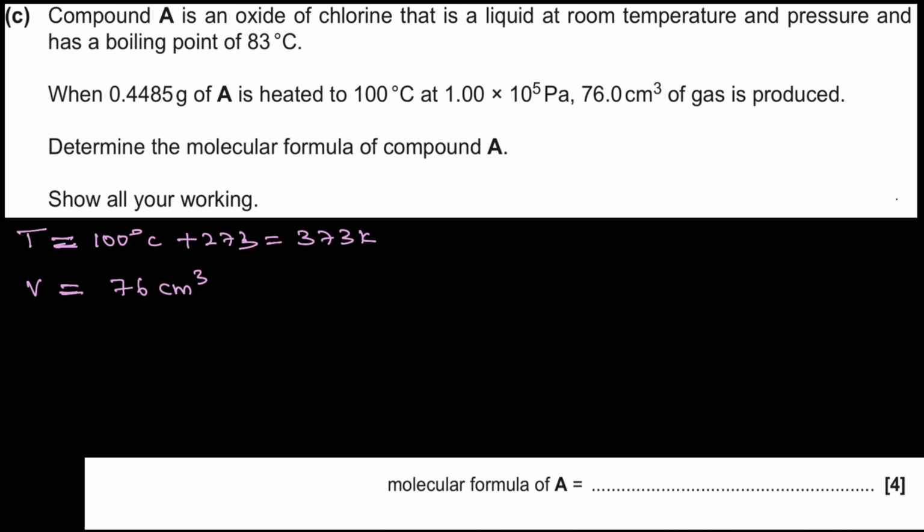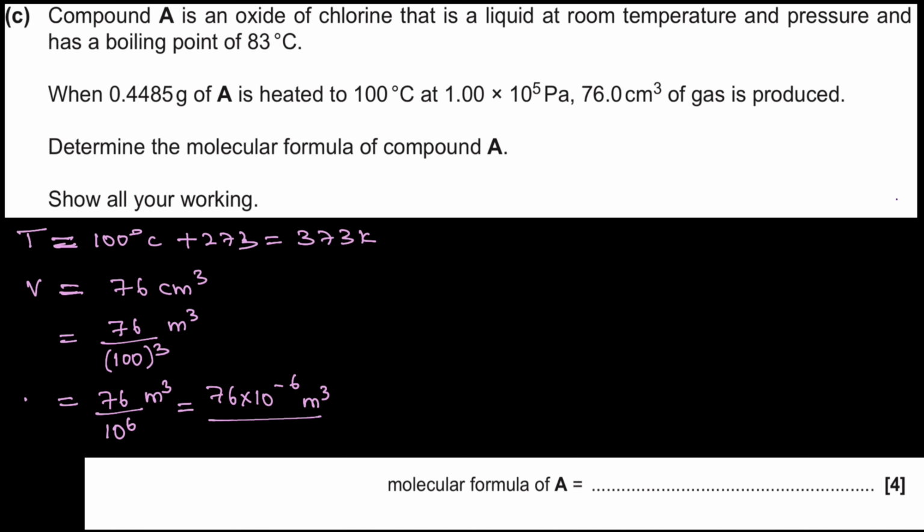The centimeter implies that this is 76 over 100, and because it's cube, you have to cube it, and that's meter cube. Centimeter is 1 over 100, and that's 1 over 100 cube, and that will become 76 over 10 to the power 6 meter cube, which is 76 times 10 to the power minus 6 meter cube. That's the volume that we're given.